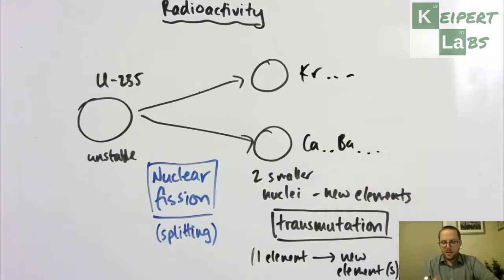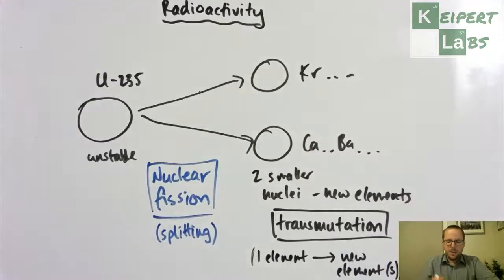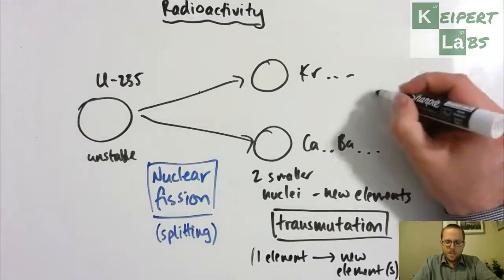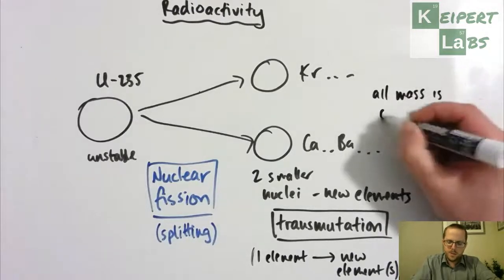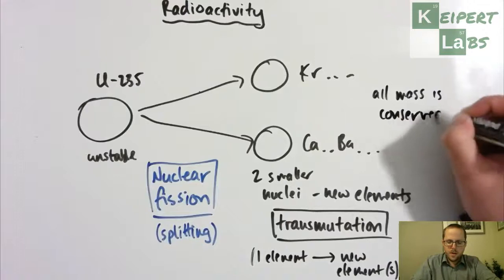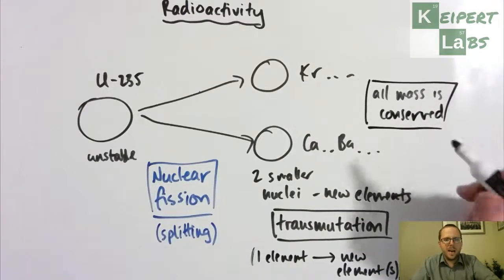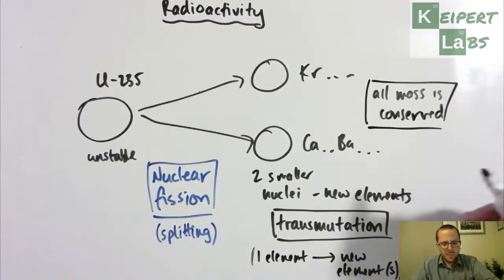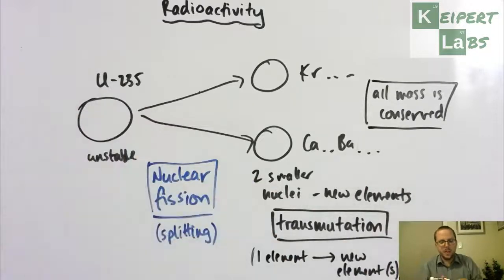There are certain things that are a bit more predictable about it, but not very much so. And so we've ended up with two smaller nuclei, and we say all mass is conserved, so all particles are accounted for when this splitting happens. But we've still gone from uranium to produce new elements.